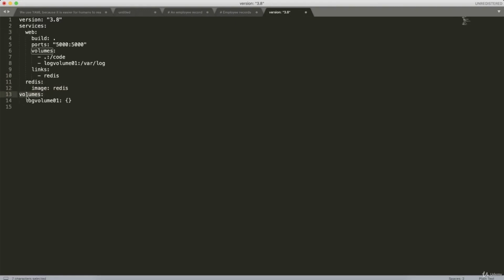Now the volumes here are at the same level as services, which means that this is on the root level, or the base level, the same level as services, the same level as version. So this is volumes, log volume is like this, whatever value. And you can see that we have two spaces here, which means that the log volume is subjected under the volumes. All right? So far so good.